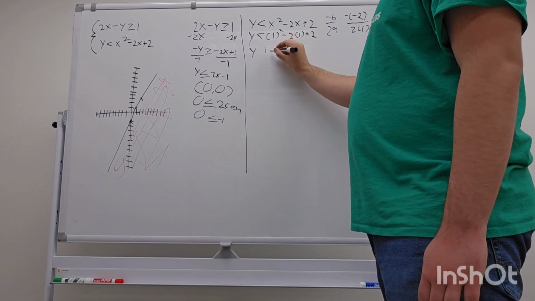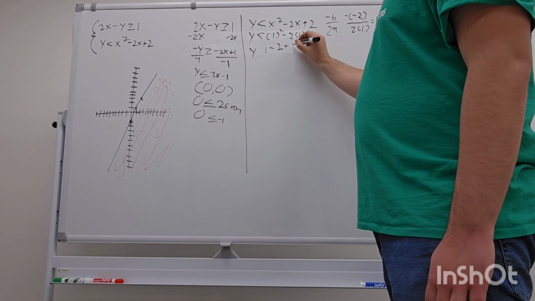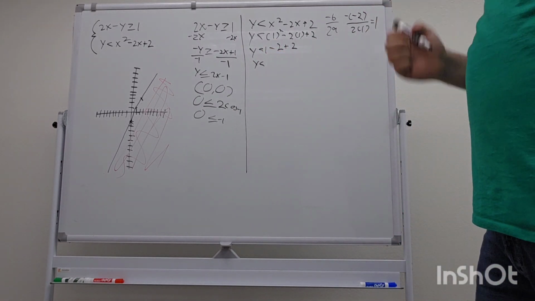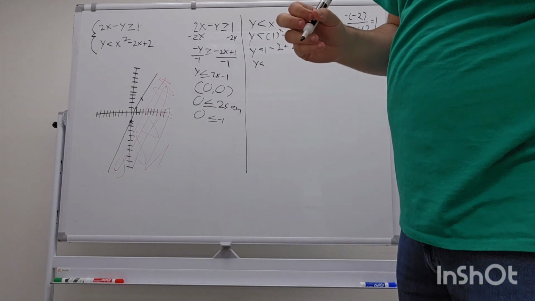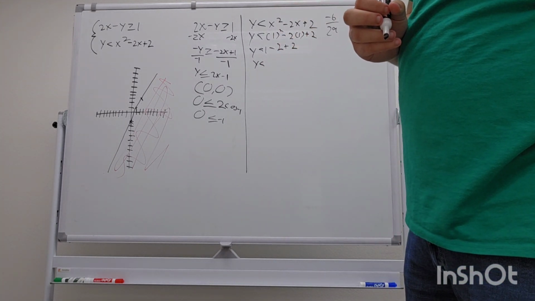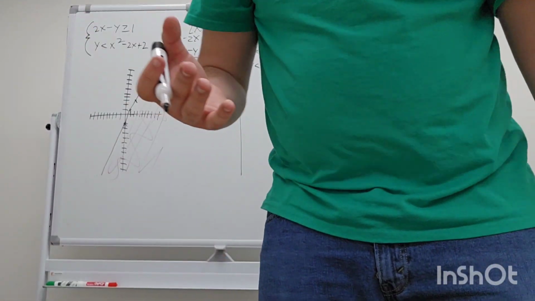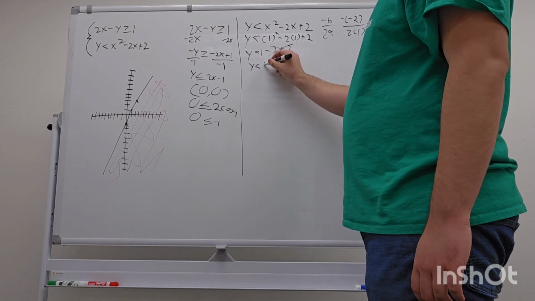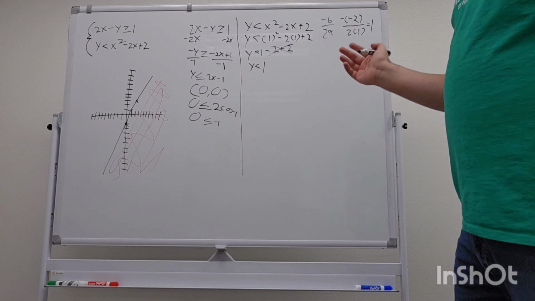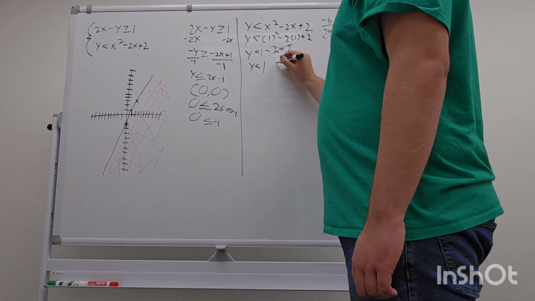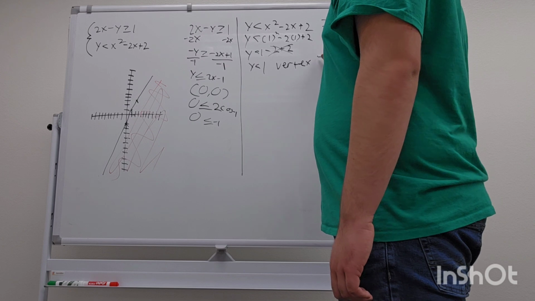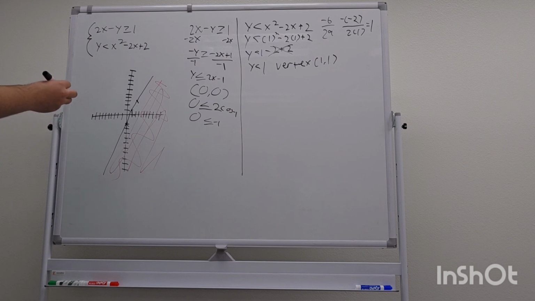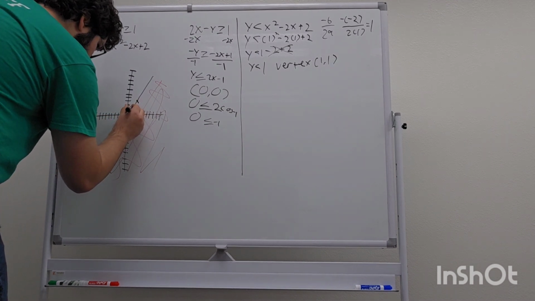Which comes out to 1 minus 2 plus 2. That equation is going to come out to this: negative 2 and positive 2 cancel out, so it's just y is less than or equal to 1, giving us our vertex of 1, 1, which we can come over here and graph, which is right here.